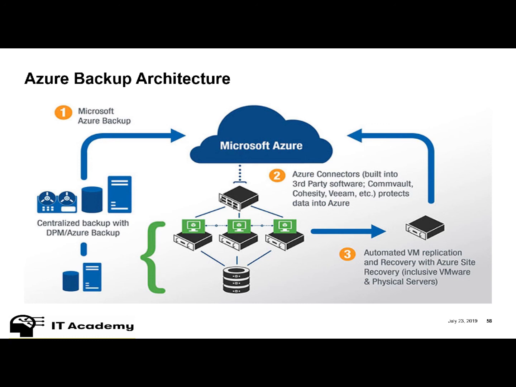It's also possible to use connectors that will allow third-party software, such as the backup software provided by Commvault, Cohesity, and Veeam, to integrate their storage appliances and their storage agents and use Azure Recovery Services Vaults as the cloud-based storage for those backup technologies.